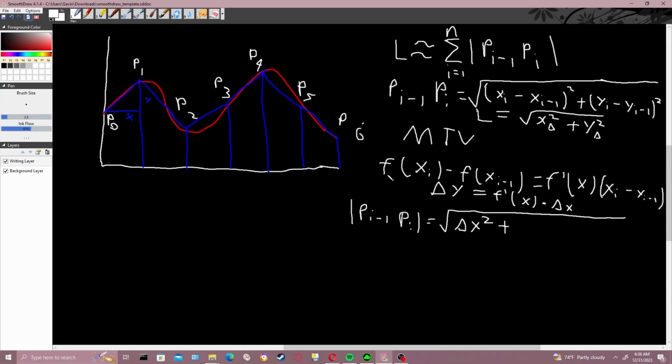This right here is our change in y, squared, in our length of the subinterval. So what we'll end up seeing is that we can now plug in this function, f prime of x, x_i minus x_{i-1}.